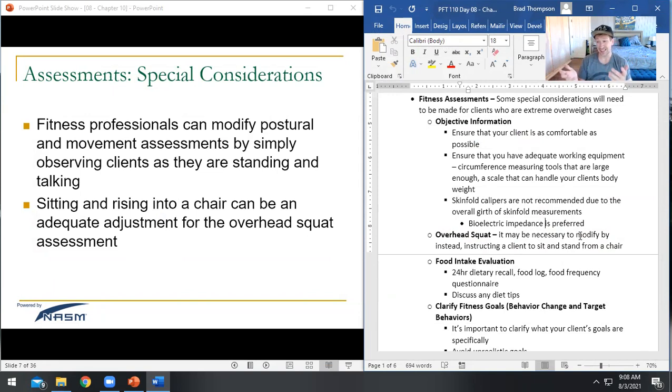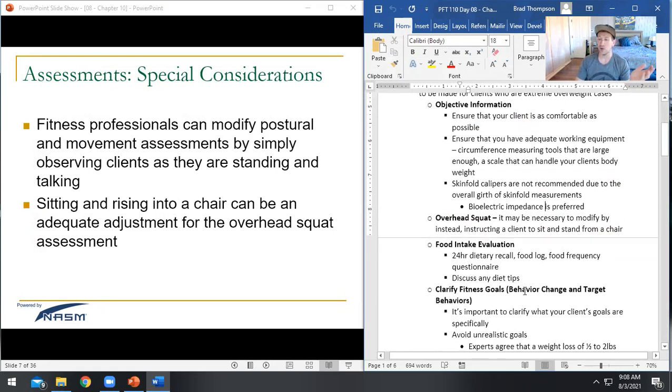Also, it tends to get less accurate the closer to full-blown obesity someone is. That does absolutely make it a little bit less accurate. So instead, bioelectric impedance is probably the preferred method when it comes to making adjustments.